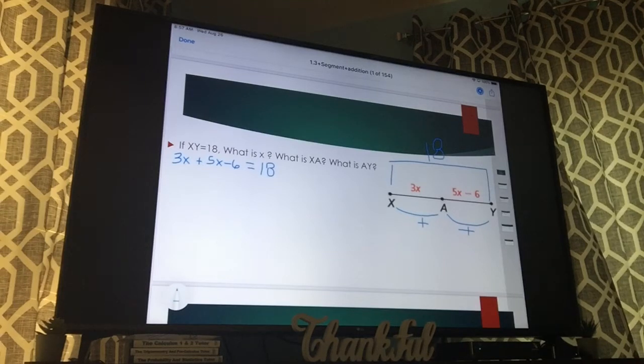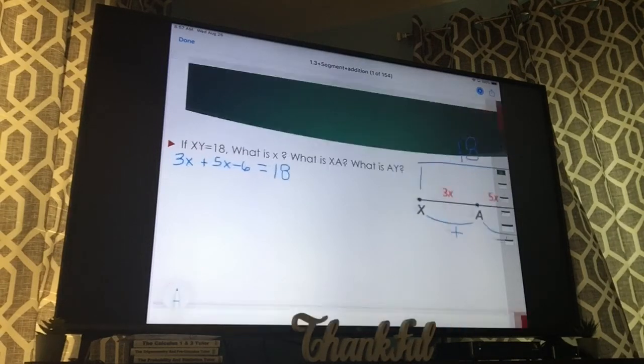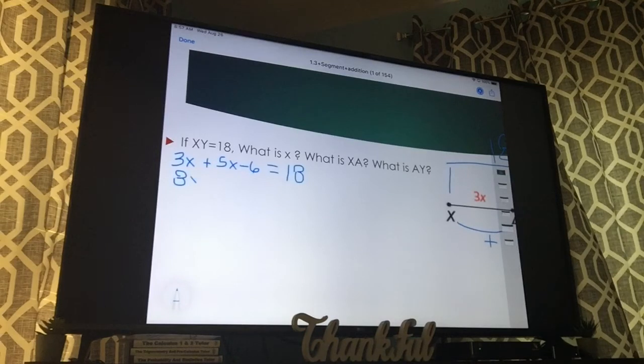Okay, so we can combine our like terms. So I got a 5x and a 3x to give me an 8x minus 6 equals 18.